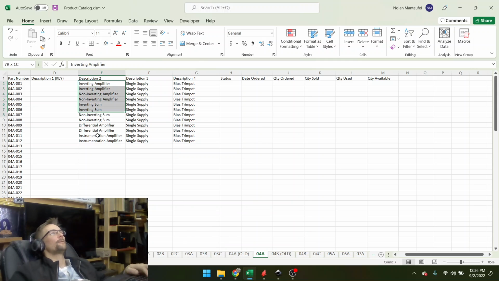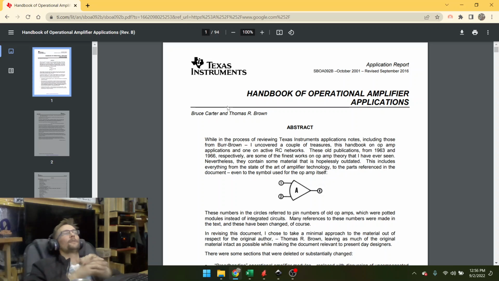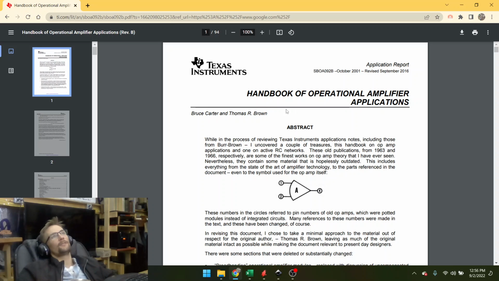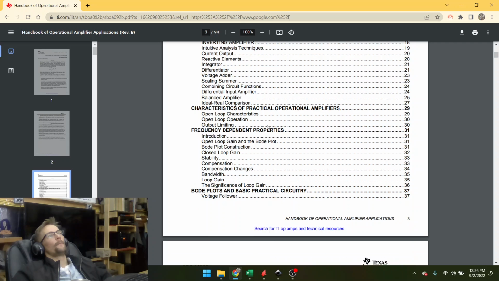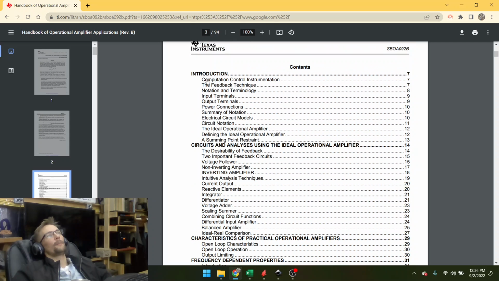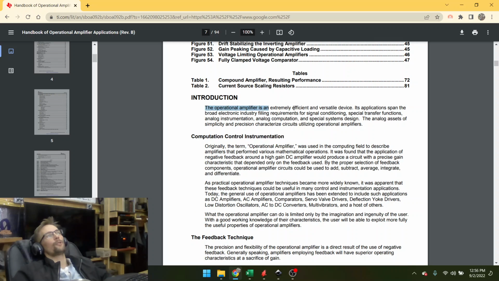And before we start picking the circuit, I remembered this from many years ago. This is TI's op-amp handbook. I don't know if y'all, probably not a lot of people know this, but right after the introduction: the op-amp is a great little device.